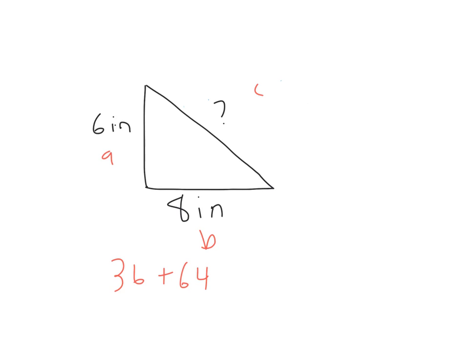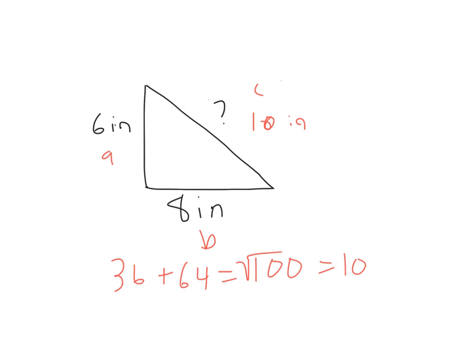We add those together, and that equals 100. Now, on your calculator, you need to find the square root of 100. I think a lot of you know what it is, but if you don't, type in 100, hit the square root button, and you get 10. So the missing side length would be 10 inches. And it makes sense because it's longer than both of your legs. The hypotenuse is always the longest side.